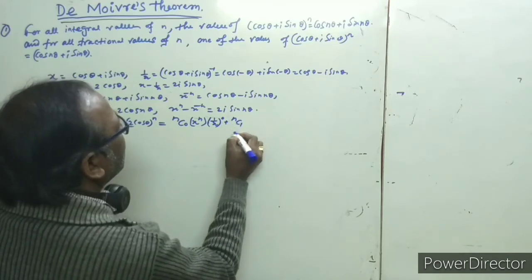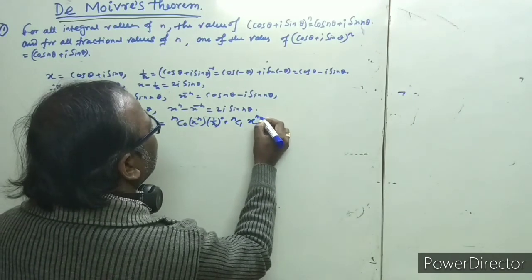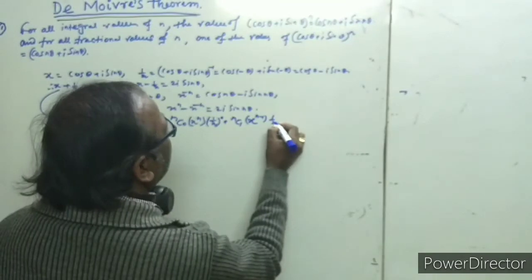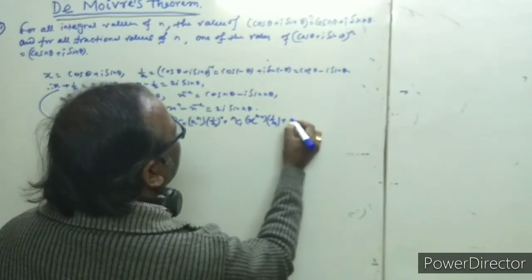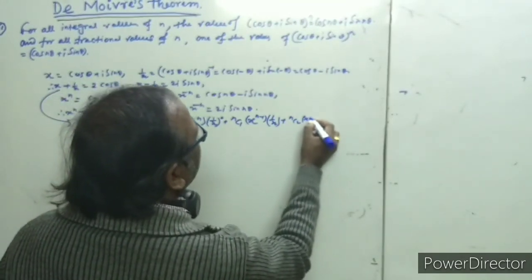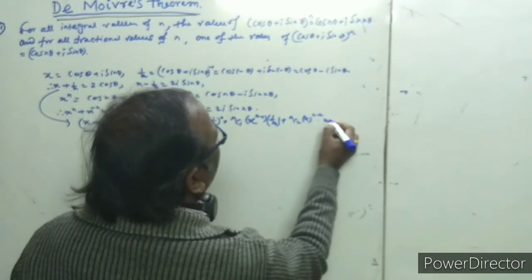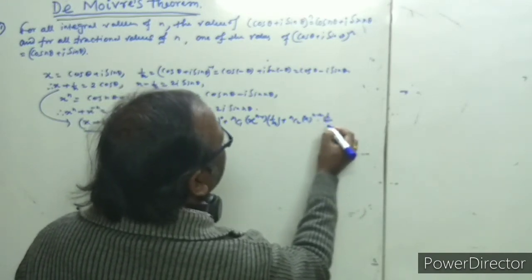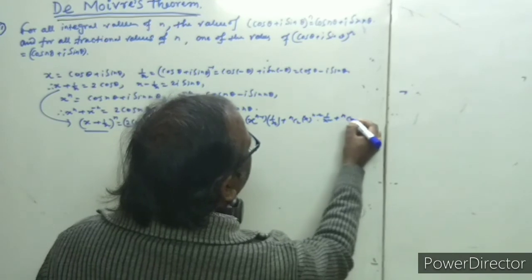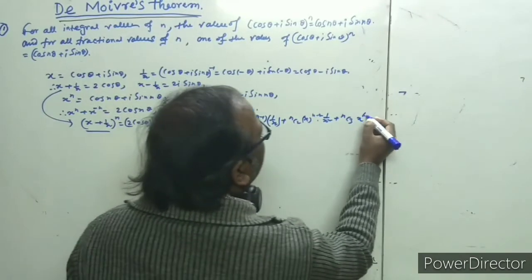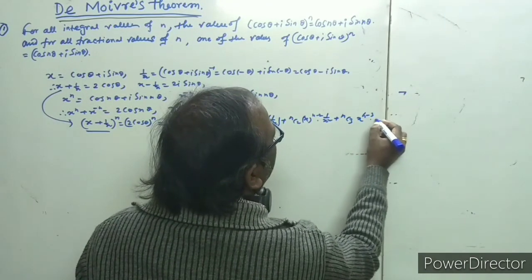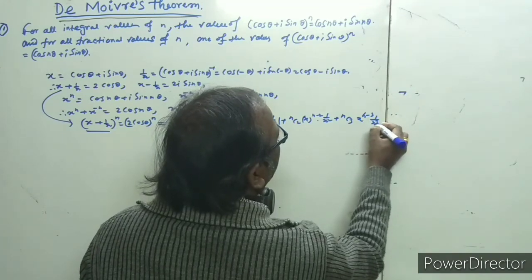So nC1 x^(n-1) times 1/x here. Again nC2 x^(n-2) and 1/x^2 here. So nC3 x^(n-3) and 1/x^3 here.